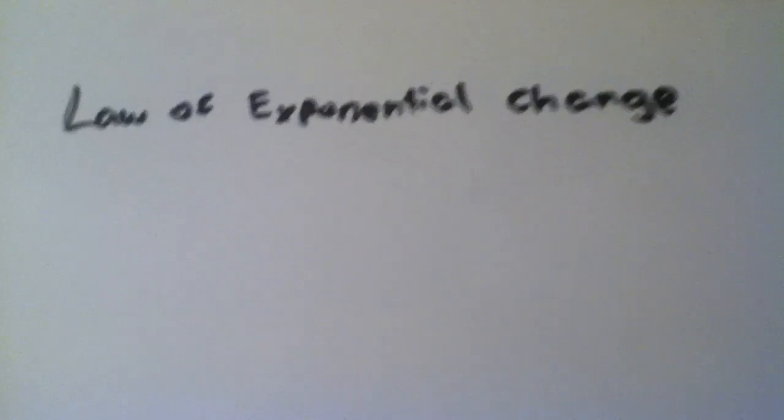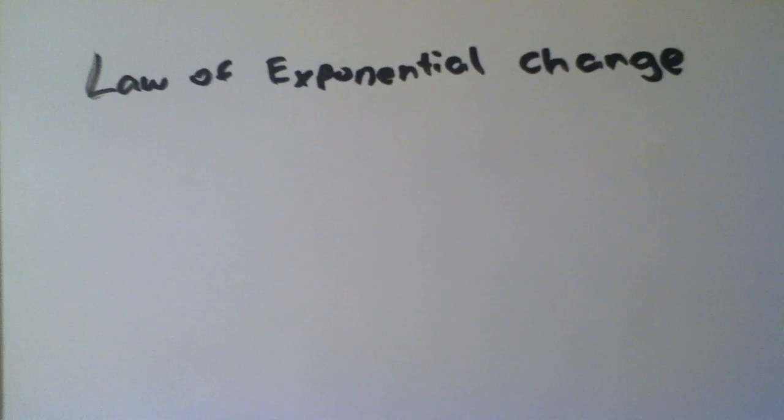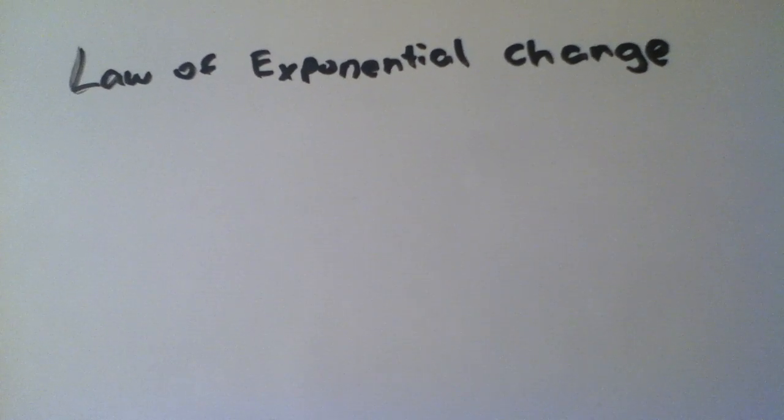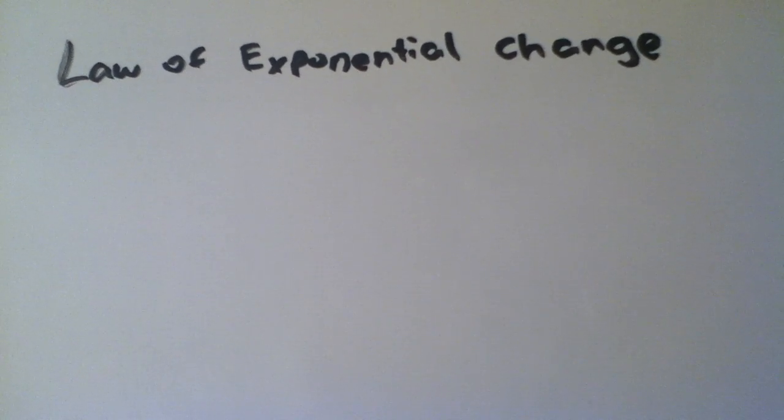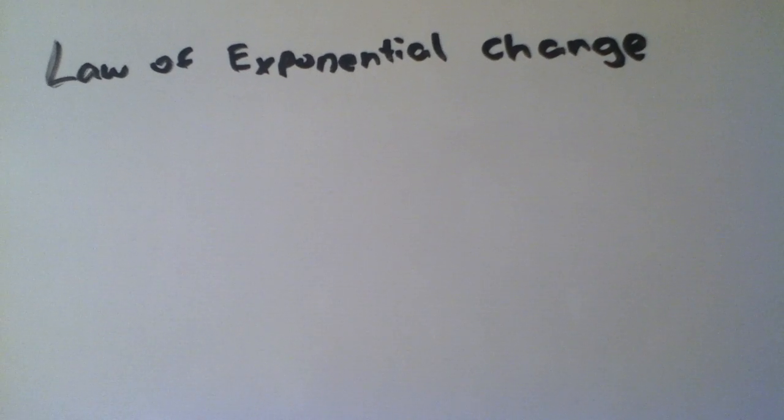It pretty much states that if something is increasing or decreasing proportional to the amount present, and you know the initial amount, you can find what you're looking for as a function of t.